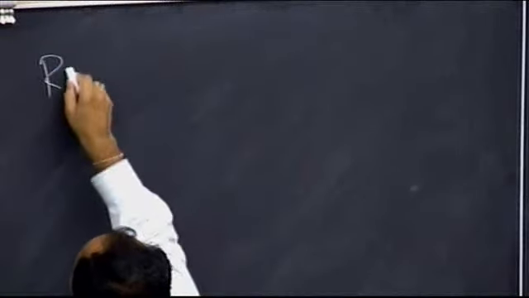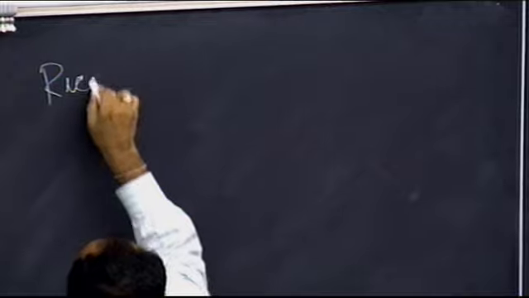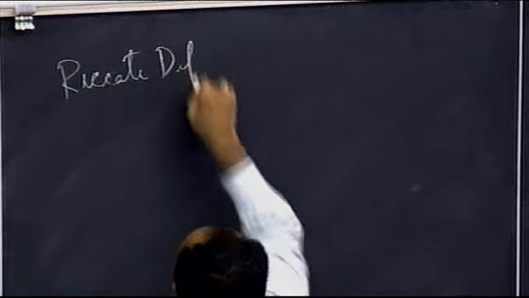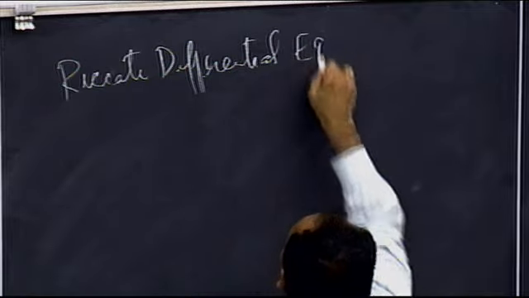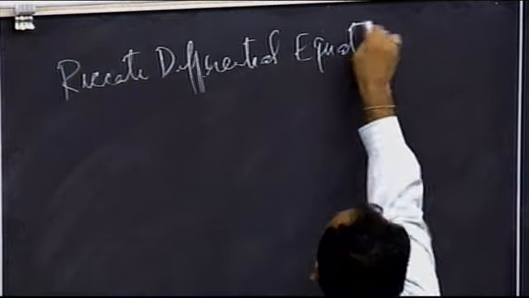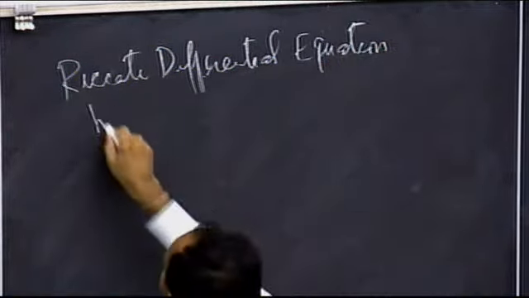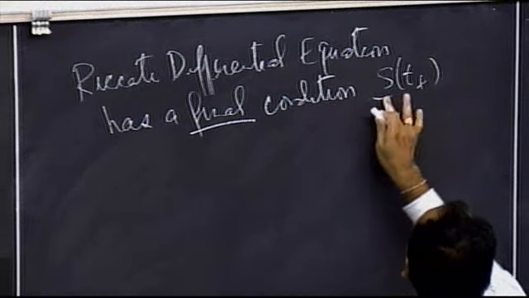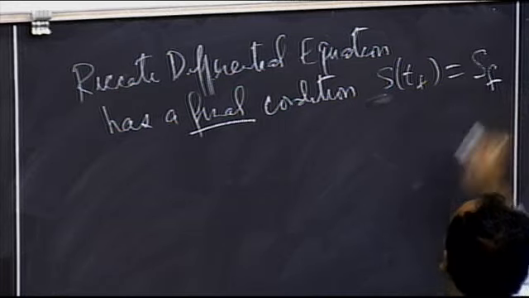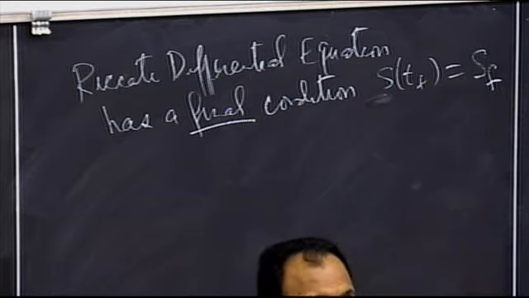So the Riccati differential equation has a final condition that S at TF has to equal SF, which is the value I put in my cost, right?